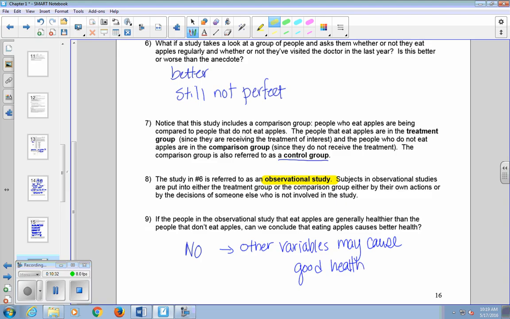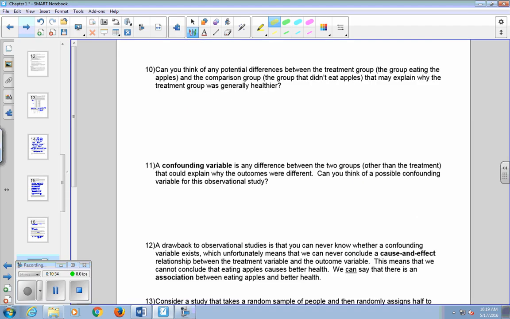So let's look at the next page. Can you think of any potential differences between the treatment group, the people who are already just choosing to eat apples, and the comparison group, people who don't eat apples, that might explain why the treatment group was healthier? People who choose to eat apples may have a healthier lifestyle.